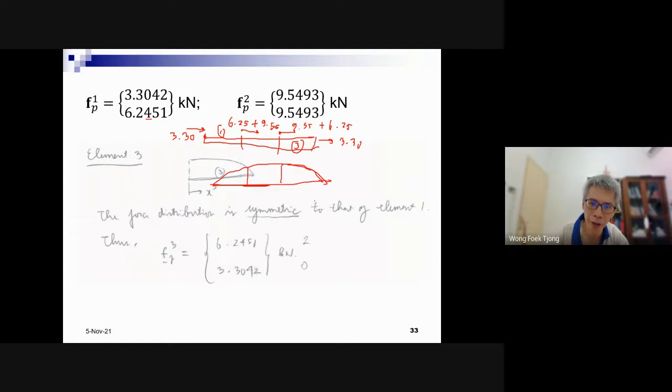So actually we don't need to compute the equivalent nodal force for element number 3, just taking advantage of the symmetric condition, because this is symmetric to element number 1. You don't have to compute using the formula, just copy by taking symmetry. So we just need to compute element 1 and element 2. Element 3, we don't have to compute.